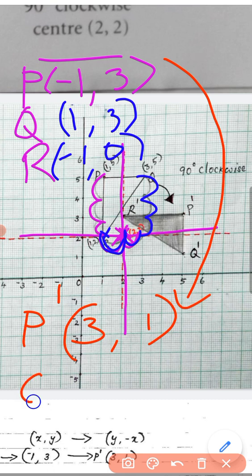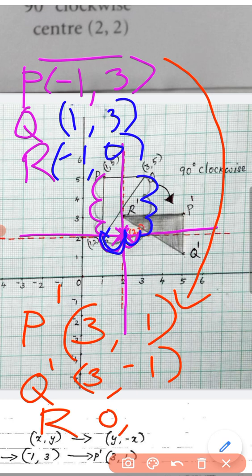Then Q dash is 3, -1. Now R dash is 0, 1. These are the coordinates of the image. Here we applied the rule, that is (x, y) becomes (y, -x).